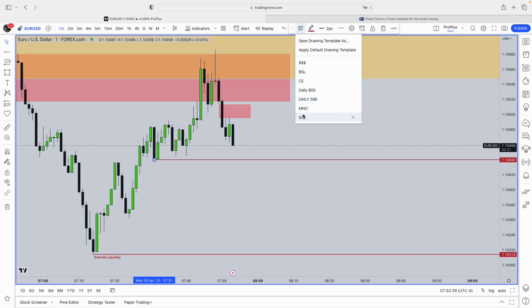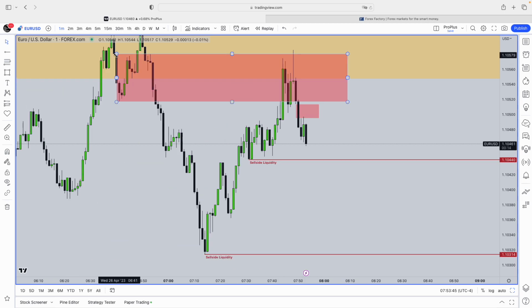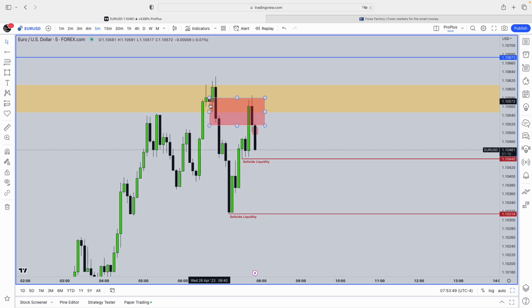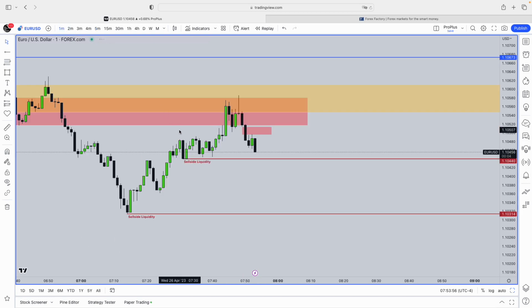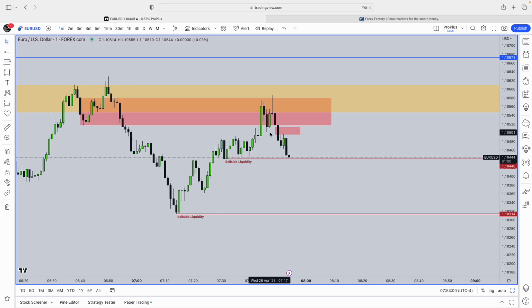This would be low hanging fruit, as ICT says. This is all ICT again. This pink box here is a breaker. From here, pushes up, breaks lower, pulls back into the bearish breaker, and inside that 5-minute bearish breaker, it then pushes up, takes out highs, takes a market structure shift, and then taps into a fair value gap.